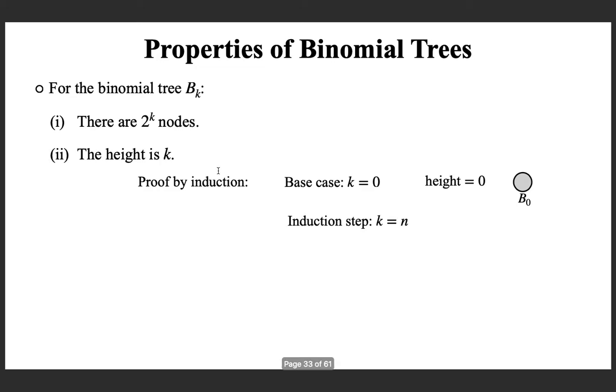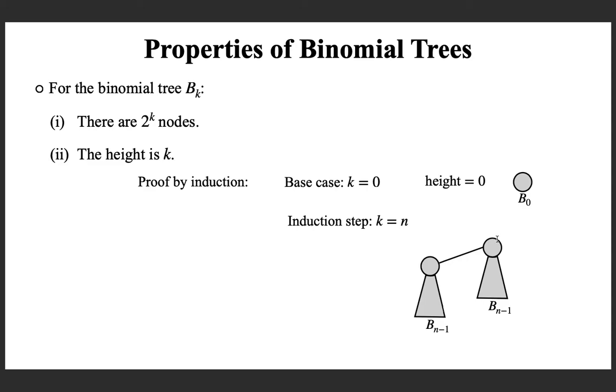In the induction step, we will take k as n and we will look at the hypothesis in terms of the binomial trees when k is equal to n minus 1. So this is how you will obtain Bn from 2 Bn minus 1s by linking like this.